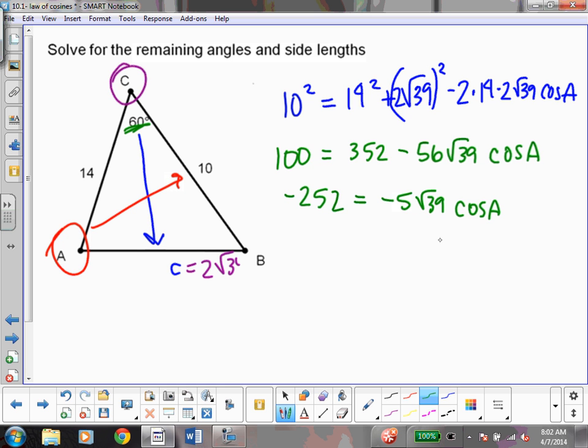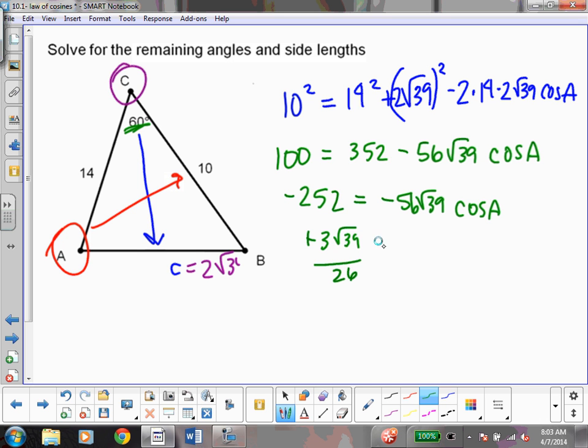Then I'll divide both sides by 56 root 39. Which ends up being negative 3 root 39 over 26.